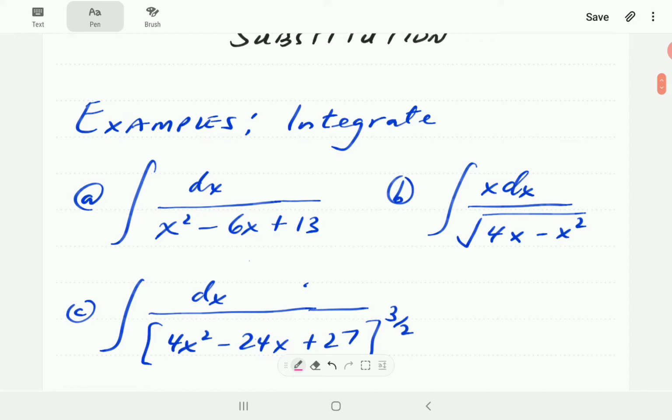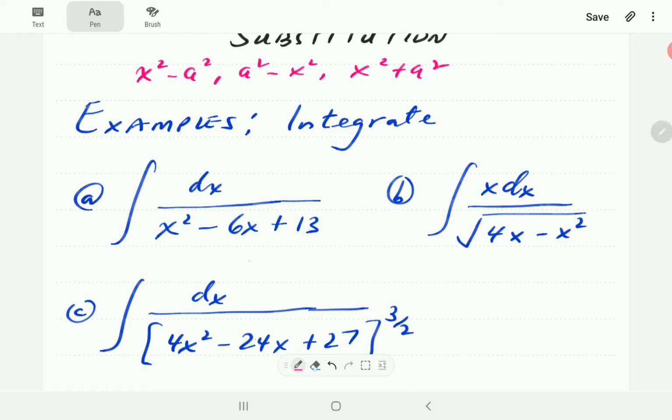Now, the integrals to which we have applied trigonometric substitution so far did not have the x term, so they were of the form, say, x squared minus a squared, a squared minus x squared, or x squared plus a squared. So in all cases the x term was absent.